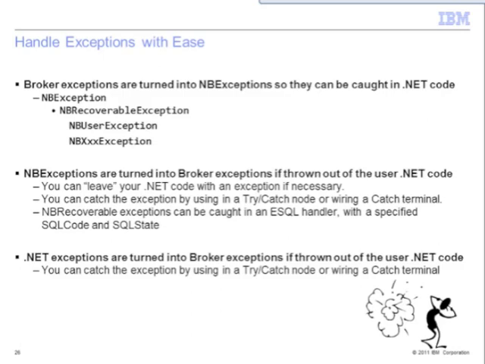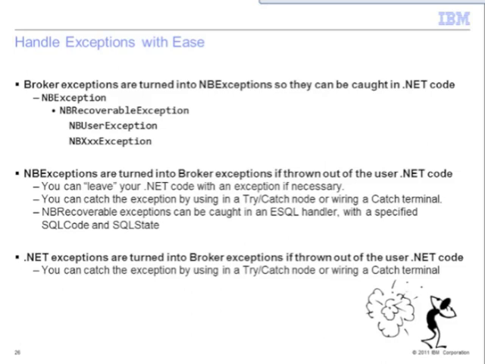That allows you to catch that exception in any other message broker compute node. So you could have that exception thrown in .NET, but caught in an ESQL compute node or a Java compute node higher up the flow if you need to do that. Or it can be caught using the try-catch nodes in message broker and wired off down the catch terminal, for example.